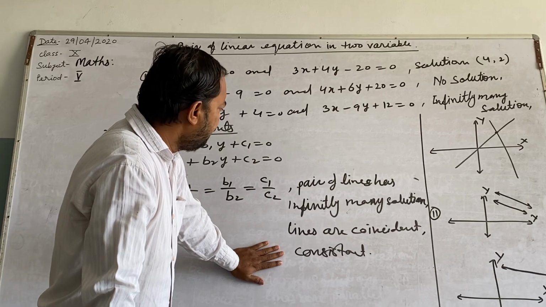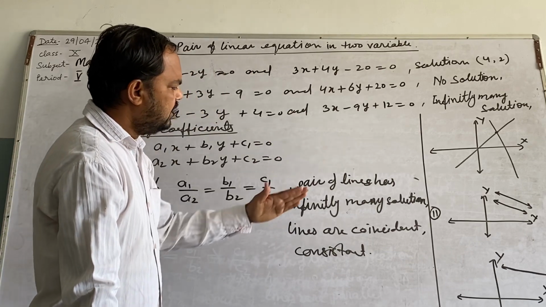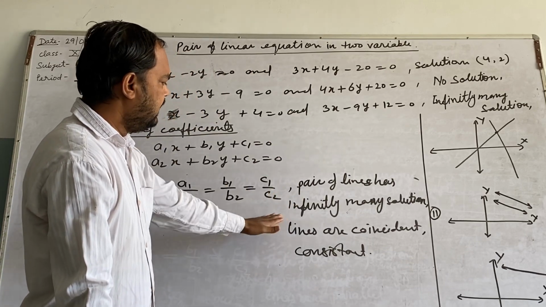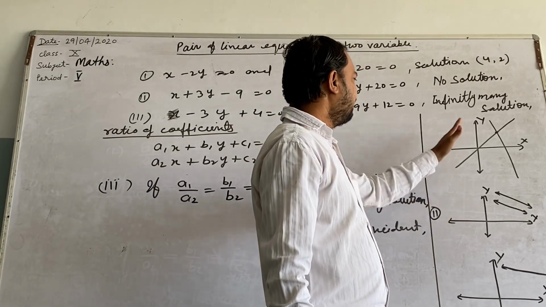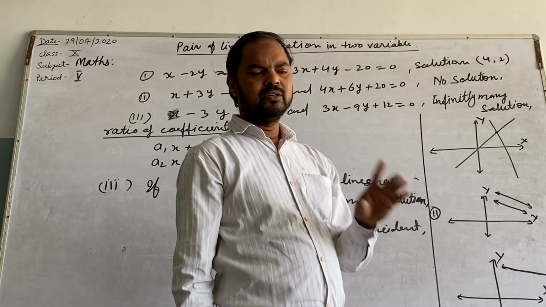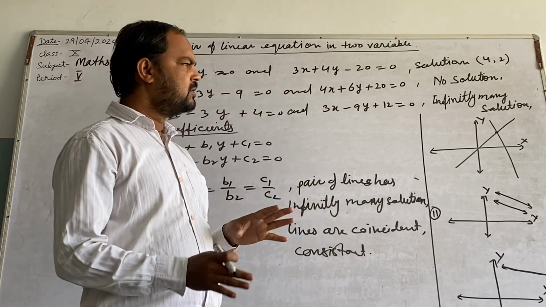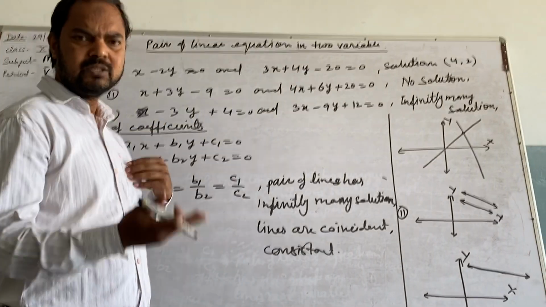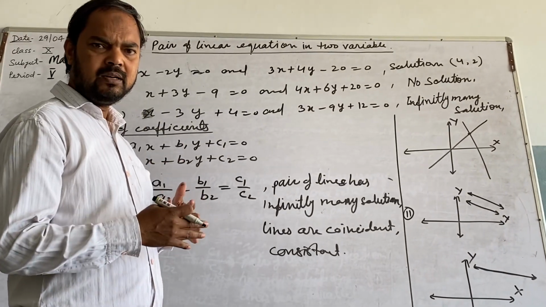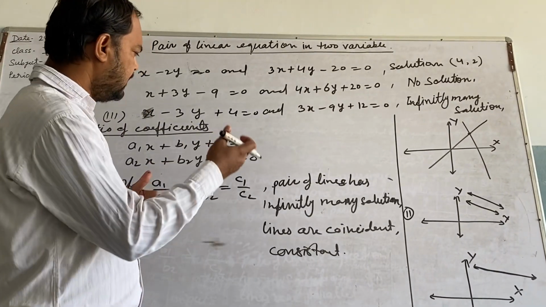Now one more thing. In the three cases, the third has many solutions, the second has no solution, and the first has a unique solution. So whenever you solve a question, you can find a solution only for the first situation. You cannot find a solution for the other two.